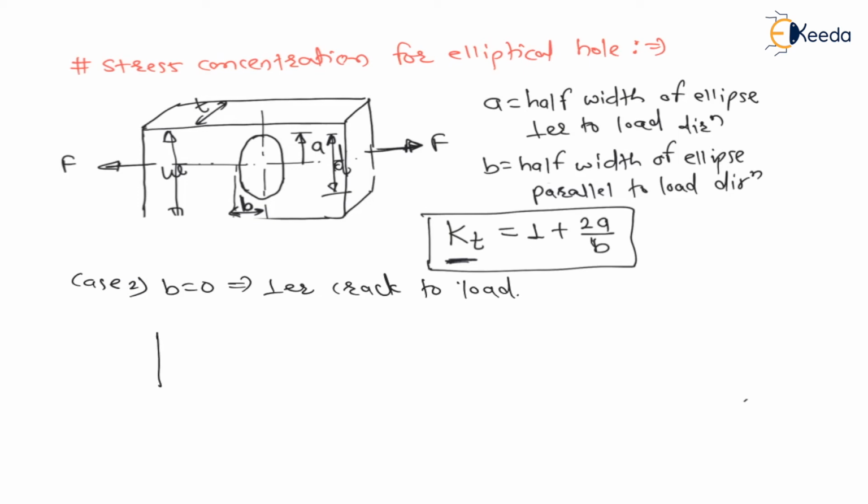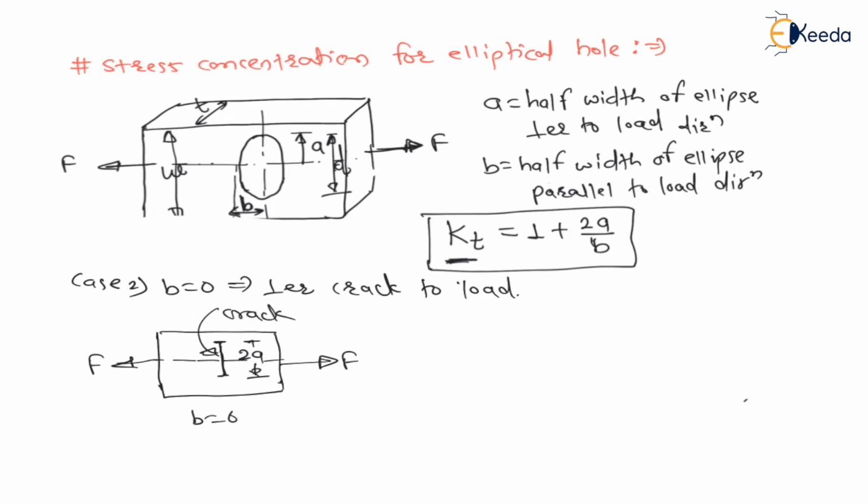Let us say this is a plate. On this plate the force F is applied, and the crack is perpendicular to the load, right? This crack, this dimension is 2a, right? Now here b is 0, and this is a crack perpendicular to the load.